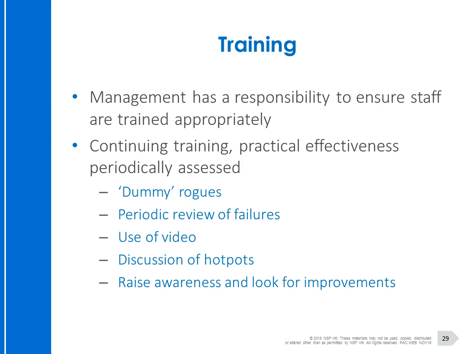There should also be a periodic review of failures, and the use of video to train people in how to perform the various clearances, and the discussion about the hotspots. And also it's important to raise awareness and to look for improvements.